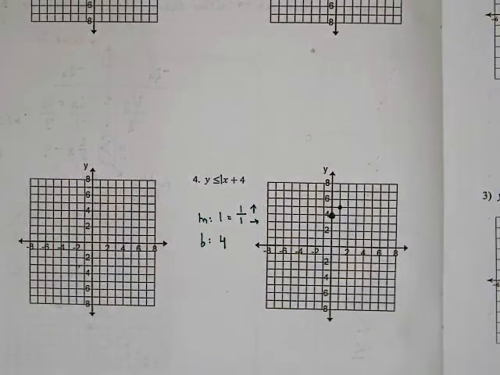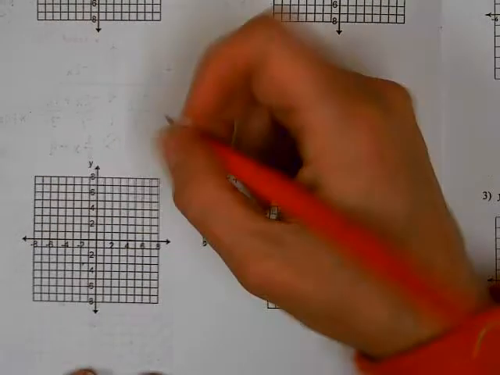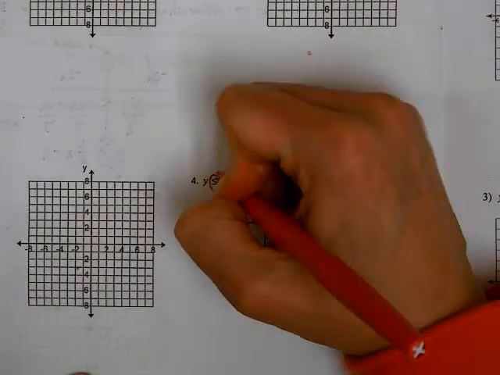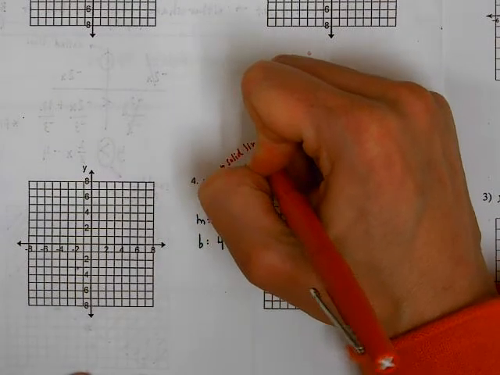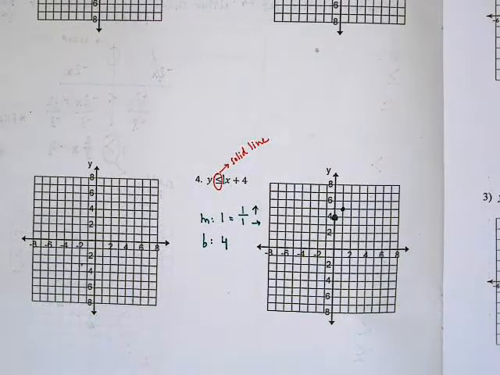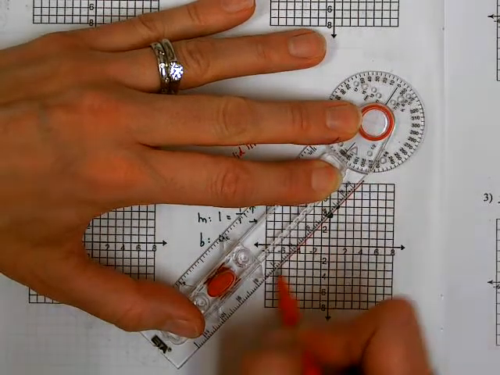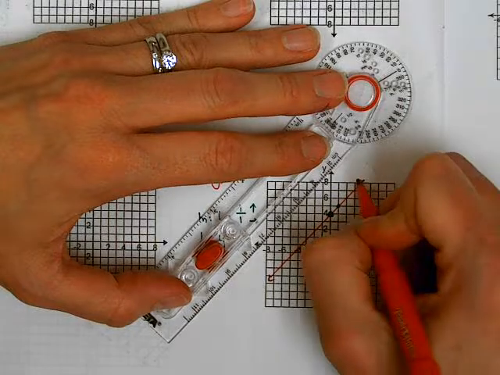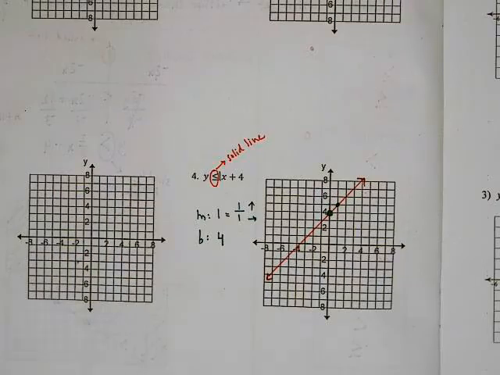Now in this case, I have a less than or equal to. So that means I'm going to do a solid line. So just like we used to graph, I'm going to connect these with a solid line using my straight edge. And now the only thing I have left to decide is where to shade.